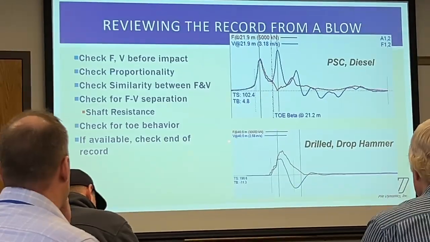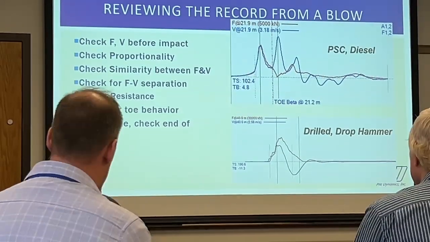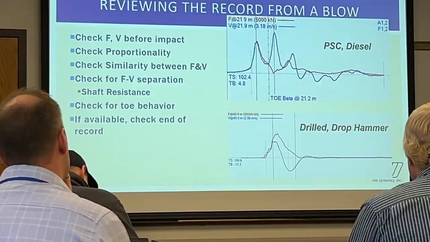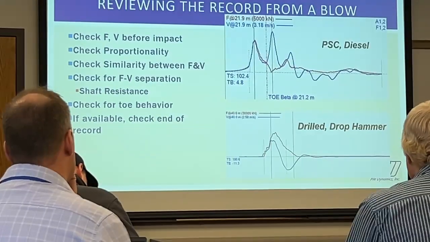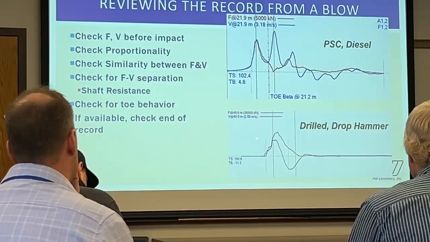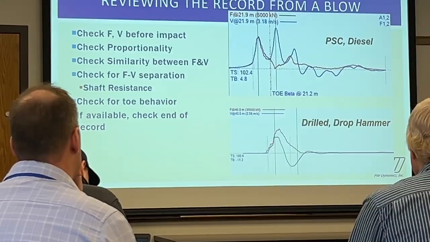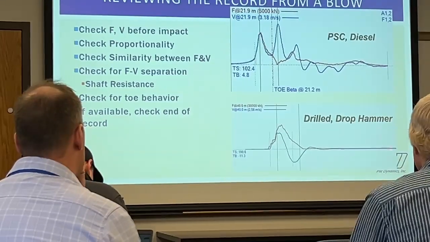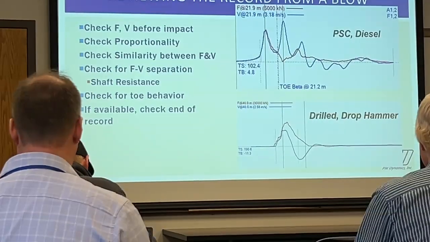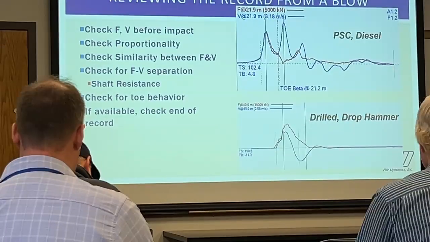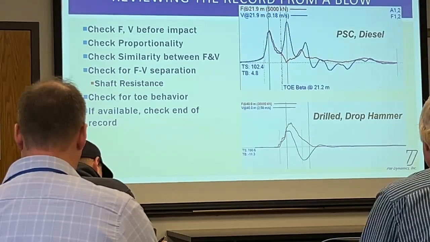Looking at the differences in the force impact on the concrete pile versus the drop weight: typically drill shaft tests look much smoother, and they take a longer period of time to reach a peak because they're relatively heavily cushioned and the rams are pretty heavy.